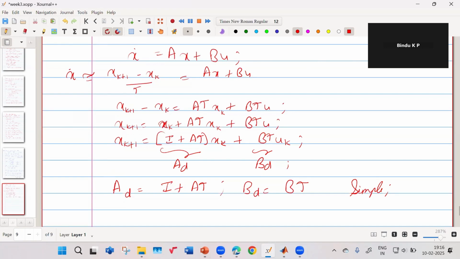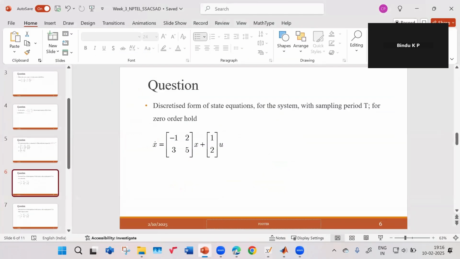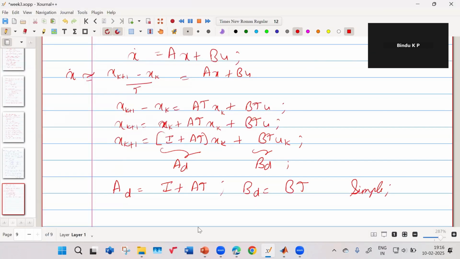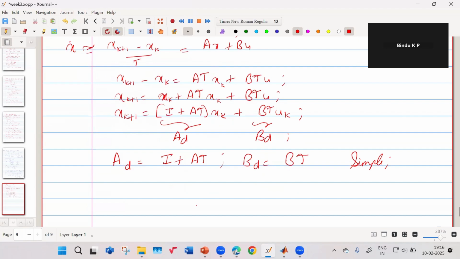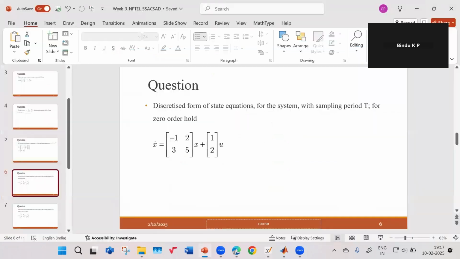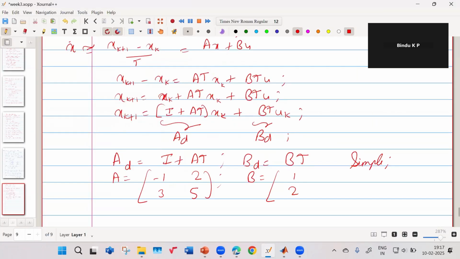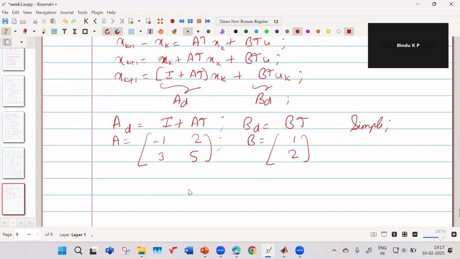So let us consider what we have considered. A is equal to [minus 1, 3; 2, 5], right? And B is equal to [1; 2]. So our A_D is what?